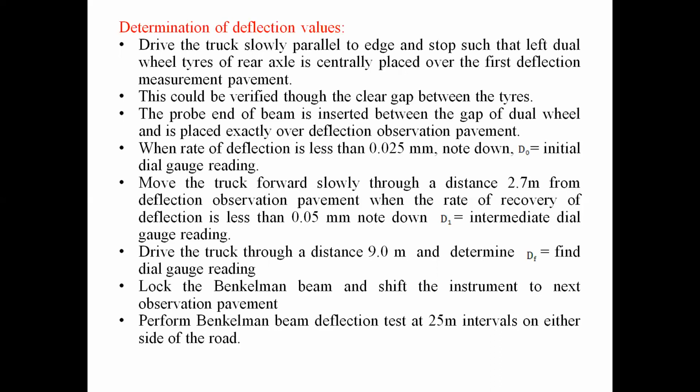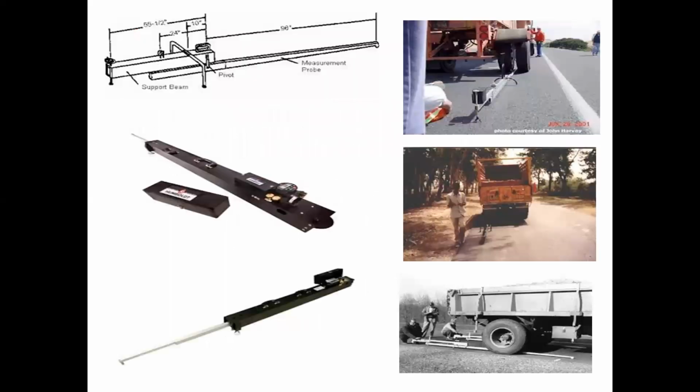Then we drive the truck a further distance of 9 meters and determine the DF value, that is the final dial gauge reading. After that, lock the Benkelman beam and shift the instrument to the next observation point. Perform the same test at 25 meter intervals on either side of the road. These diagrams show the Benkelman beam deflection test as carried out in the field.